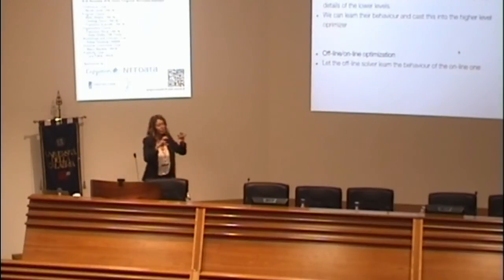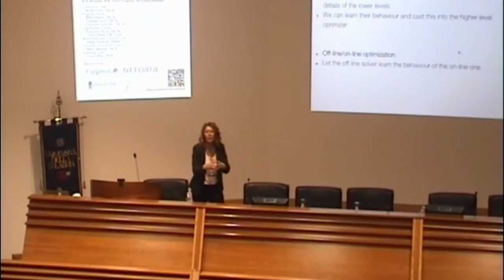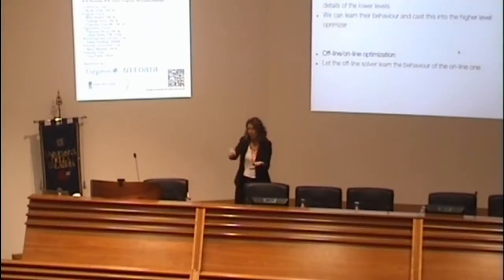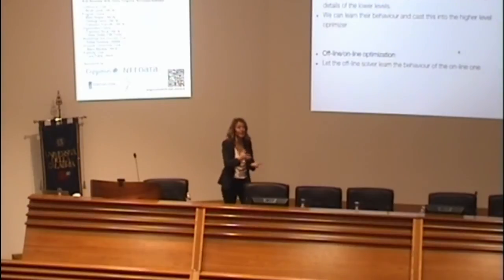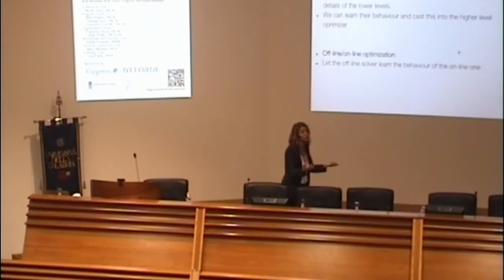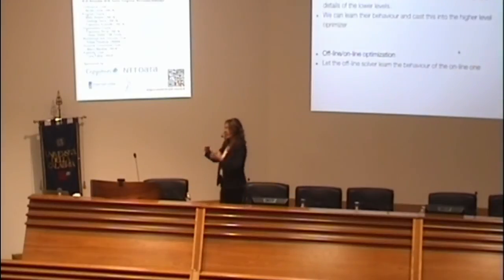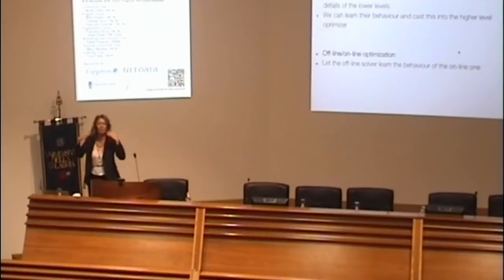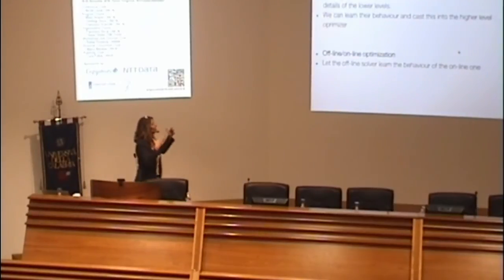So what we can do is learn how a single optimizer works by creating a training set of feasible solutions for this low-level optimizer, and then cast the learned model into a higher-level optimizer that provides higher-level strategies.